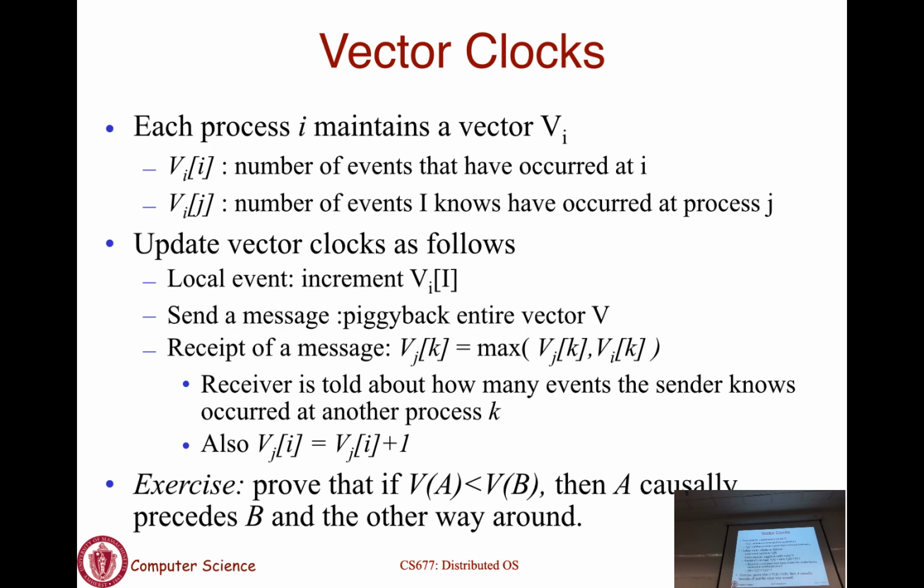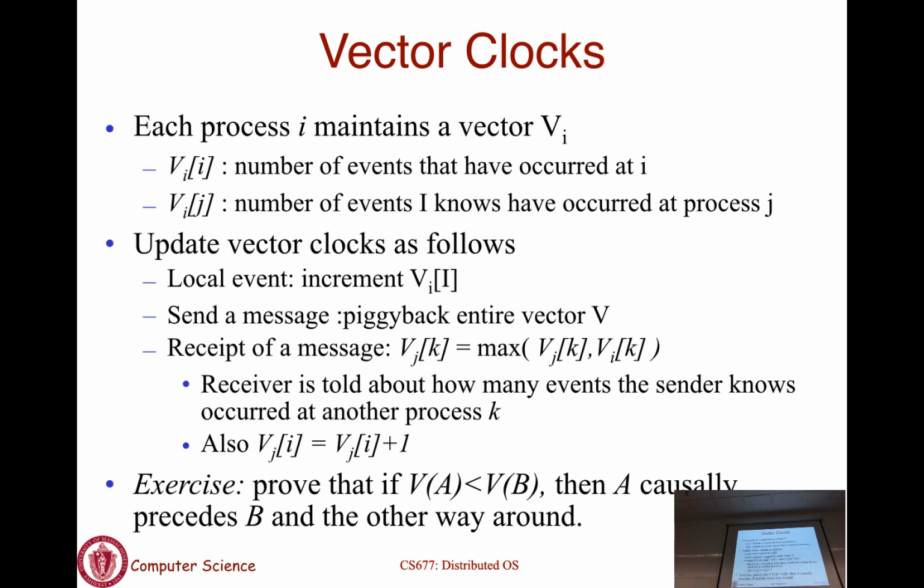If you have n processes in your system, your clock is going to have n integers in it. Essentially there are two processes here, so our clock will have two integers. So the clock is a tuple, and we are going to start with 0, 0. The ith entry of the vector is the local clock of process i, the Lamport's clock of process i.